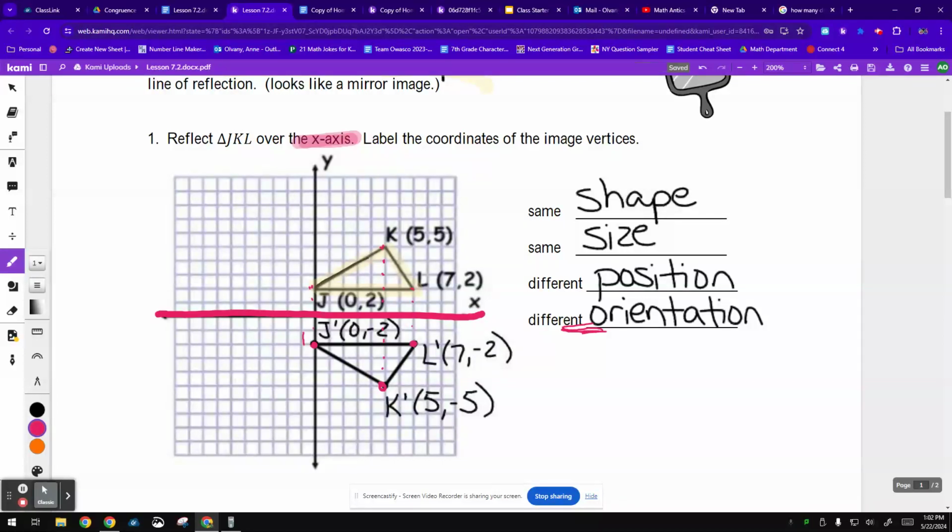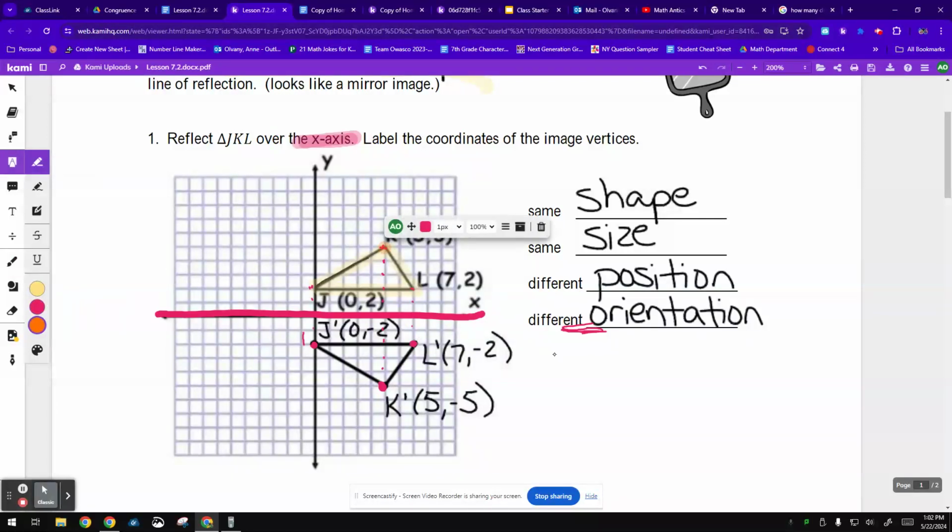How do you know they could go the other way? If you went the other way, this would be K, J, L. And starting at K, this would be K, L, J. So it's still different no matter which way you go. So like either clockwise or counterclockwise? Right, but you have to go the same way on both diagrams.